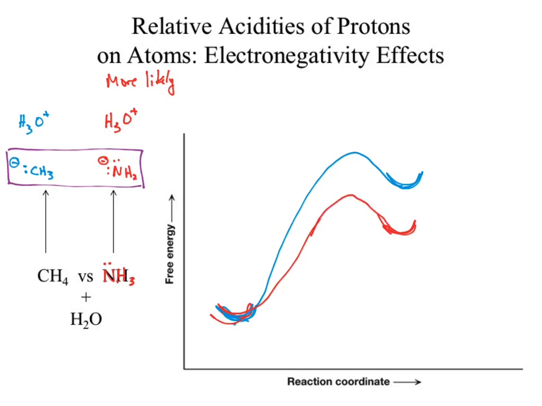Which of those reactions is more likely to occur? The red one. Why? Because the final product is lower energy. So we could do a final product analysis. Okay, that final product is lower in energy. What else could we use? The activation energy. We go through and look at that. The activation barrier for the nitrogen is a little bit less than for the carbon. Why?